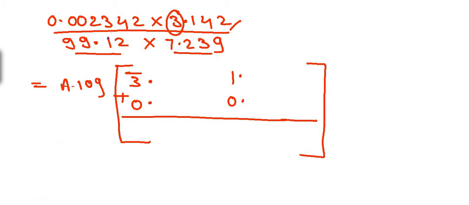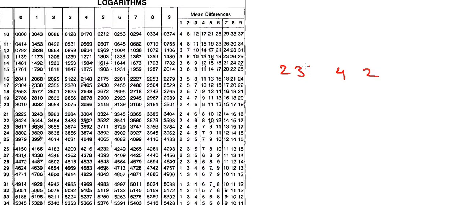Now to find the mantissa of 0.002342, we have to consider the first 4 non-zero digits. The first 4 non-zero digits are 2, 3, 4, 2. Now we have to group them as 23, 4, 2. Locate 23 in the first column. So here is 23. Locate 4 in the first row.